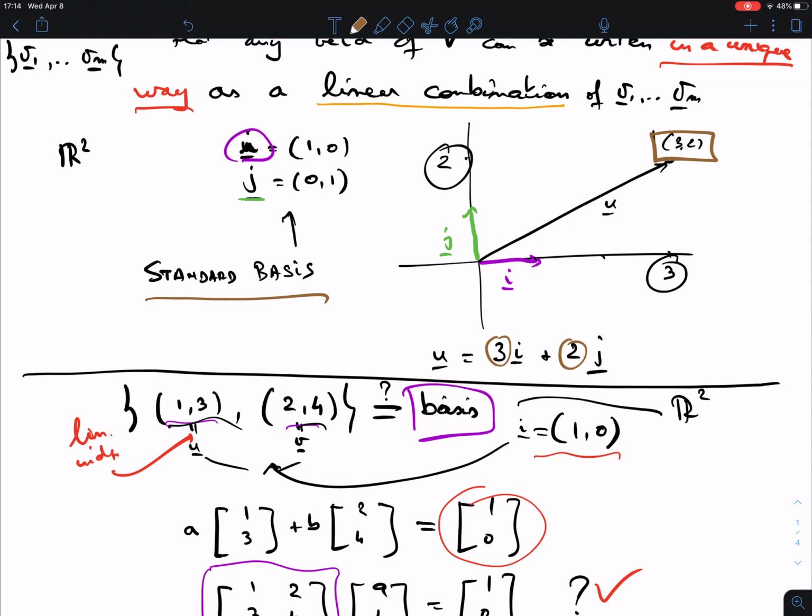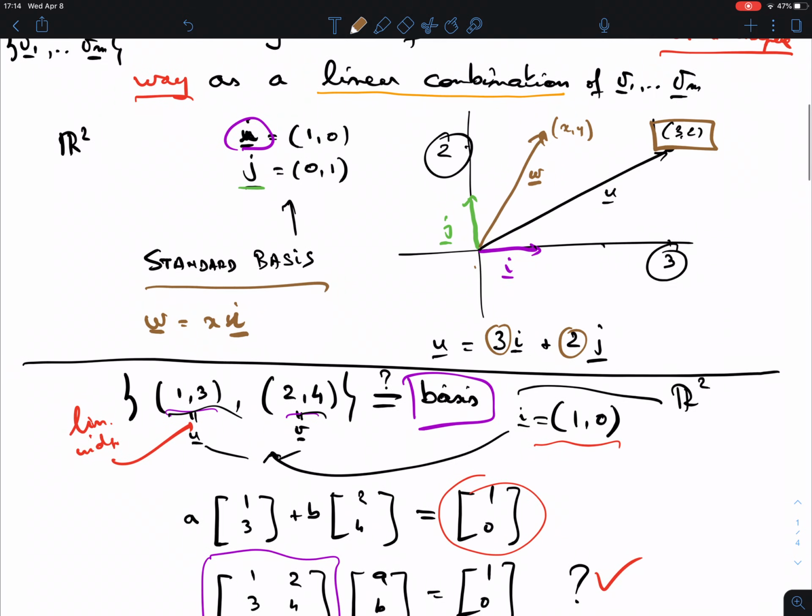You take a point, and it has certain coordinates x, y, and that means that the corresponding vector is x times this vector i. So how to say this? Let's call this W. So this means that W is x times i, this vector, plus y times j.